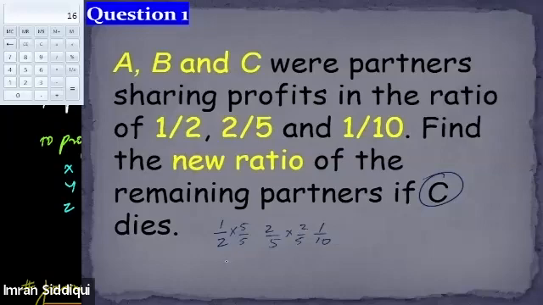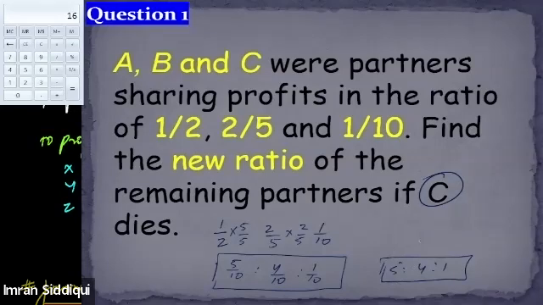So the old PSR can be written as 5/10, 4/10, and 1/10. That means 5:4:1. This is the old profit sharing ratio. Can we say that?